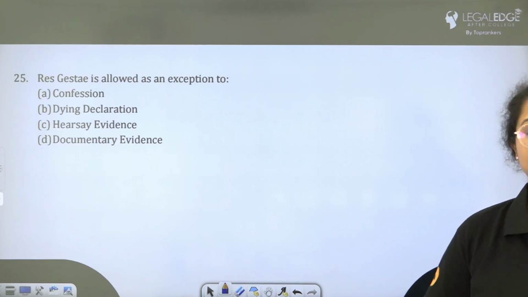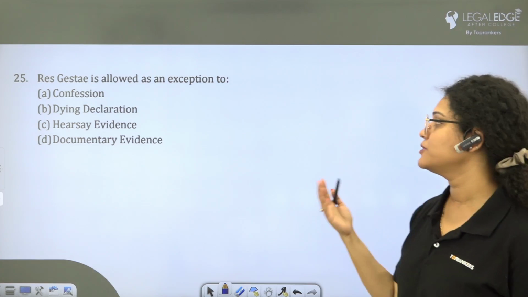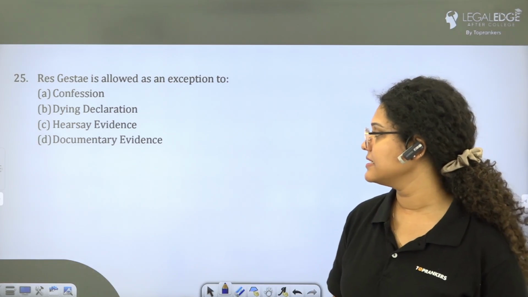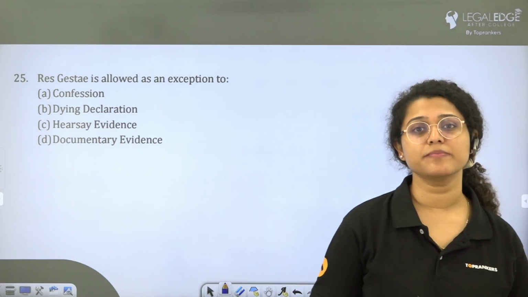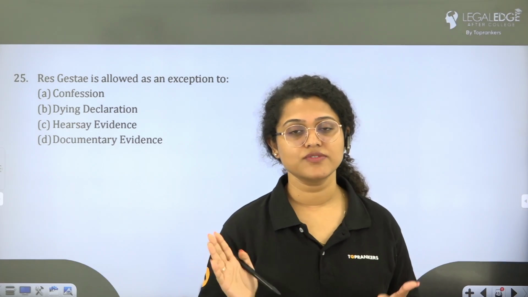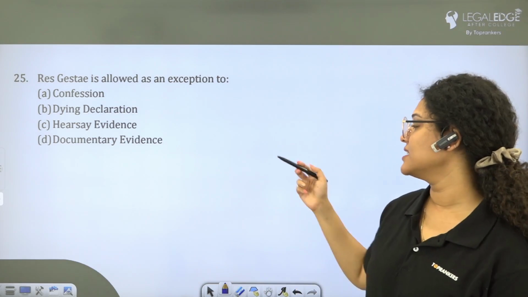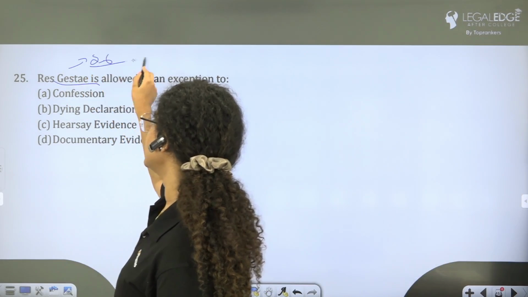All right. Res gestae is allowed as an exception to what? Option A, confession; B, dying declaration; C, hearsay evidence; D, documentary evidence. First, where is the principle of res gestae? We just studied the case of Savaldas, an important case related to res gestae. Res gestae is section number 6 of the Indian Evidence Act.